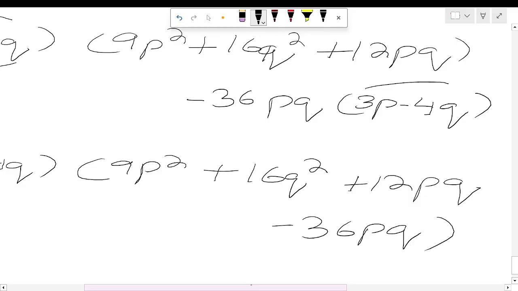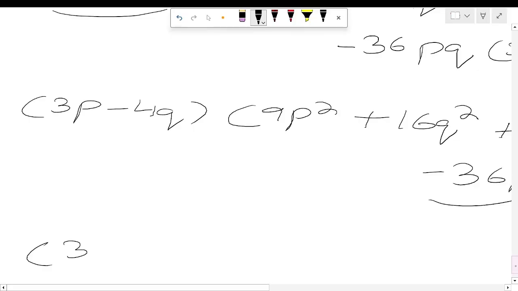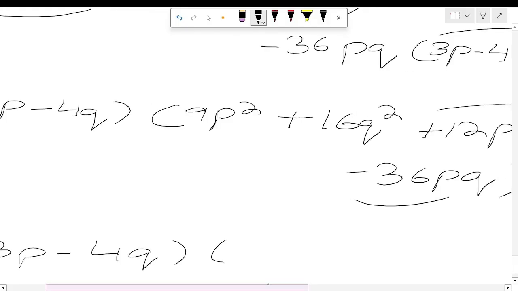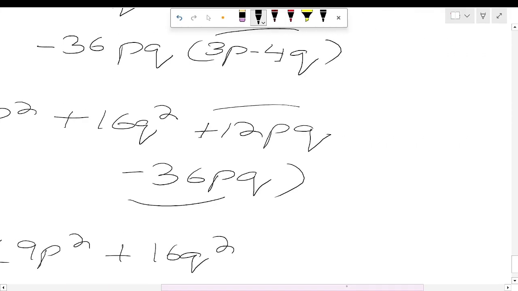Now here we have 12pq and negative 36pq, so both of these will be subtracted with each other. So when they are subtracted with each other, we will get the resultant of negative 24pq. So I'll just write 3p minus 4q, and then I'll write 9p square being added with 16q square, and then I'll write negative 24pq.